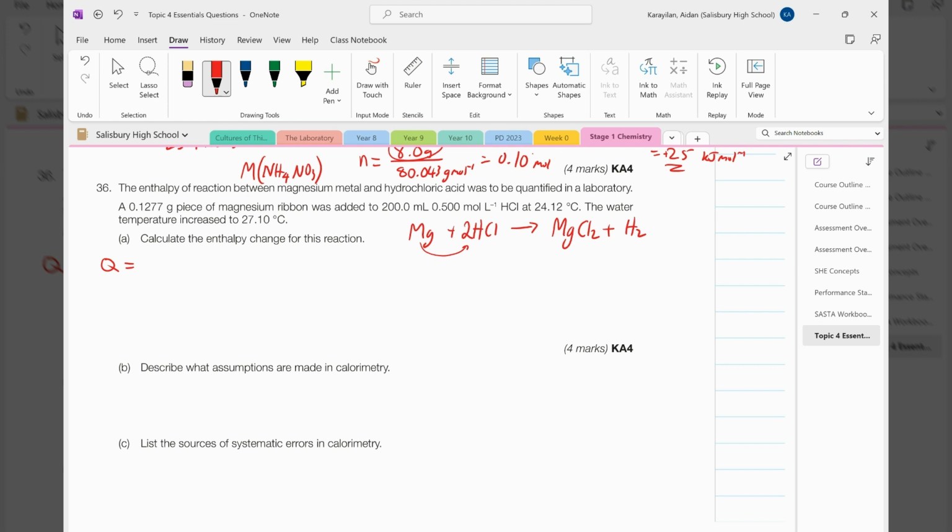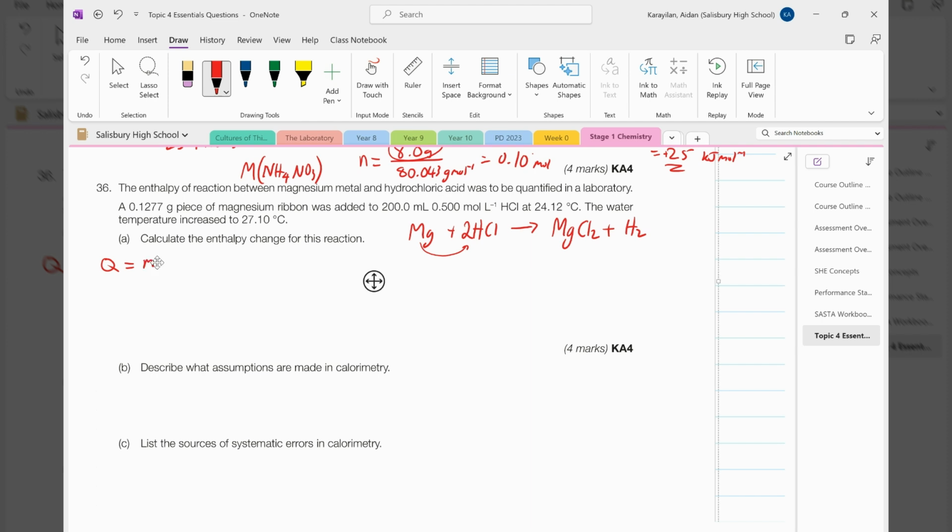Now, before we start, I'm going to try and identify what I expect to see, for example the positive or negative. The water has increased from 24.12 to 27.10, so that shows an increase in temperature, so the water has absorbed energy.